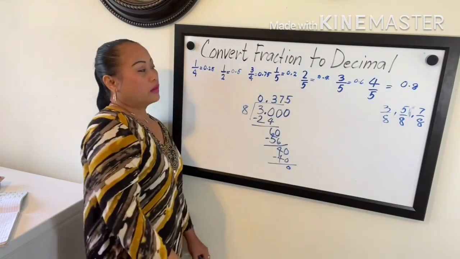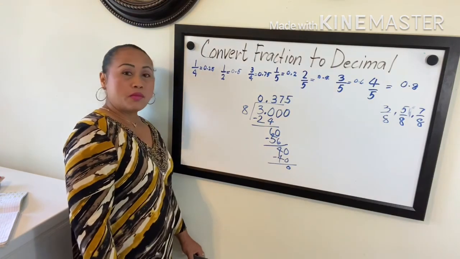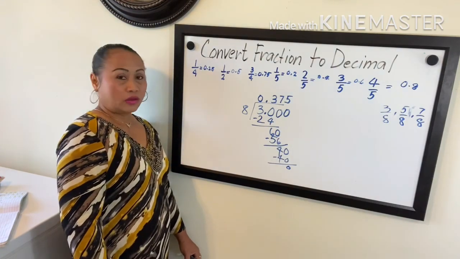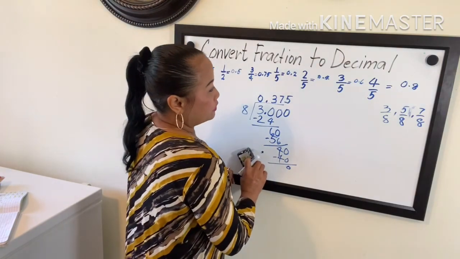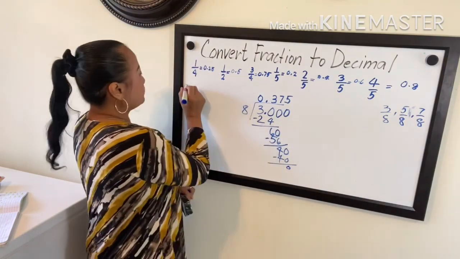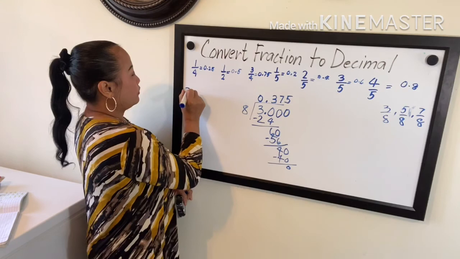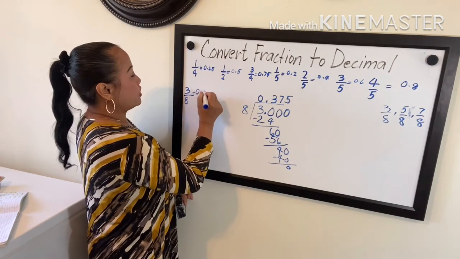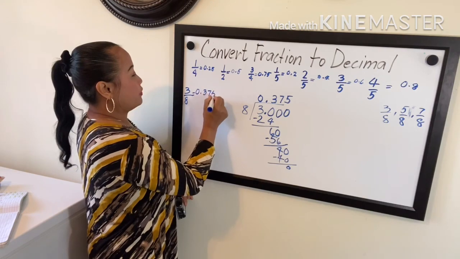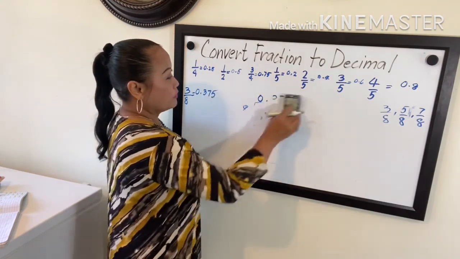So 375 thousandths. It will be read like that, okay? So 3/8 is equal to 0.375. Okay? Next.